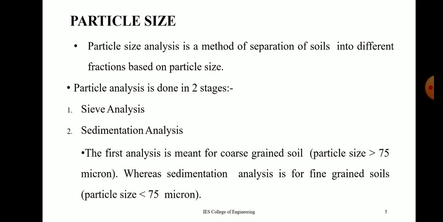Sieve analysis is meant for coarse grained soils where the particle size is greater than 75 micron, whereas sedimentation analysis is for fine grained soils where particle size is less than 75 micron.